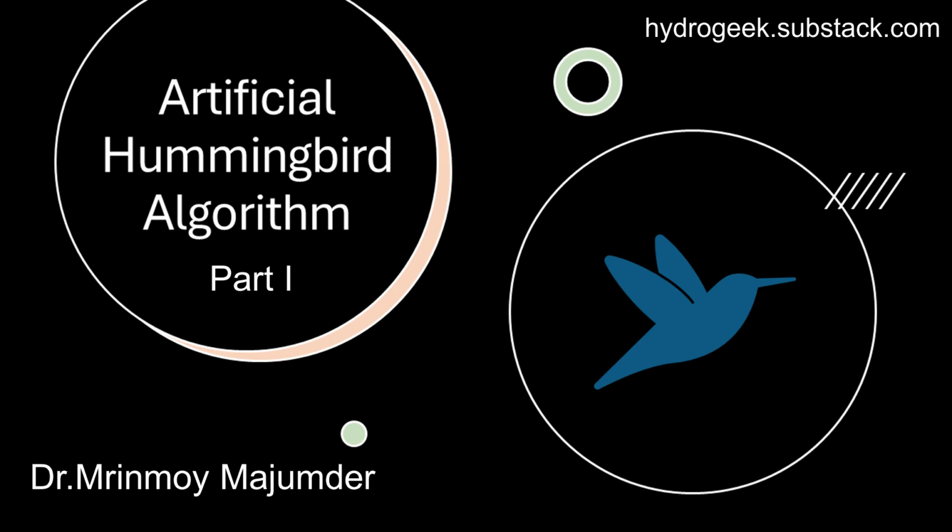bird species. Now, the way the hummingbird identifies a food source and comes back to it depends upon two things. One is the quality of the nectar. That means not only the quantity of nectar that a flower has, but it also depends upon the nectar refilling rate.